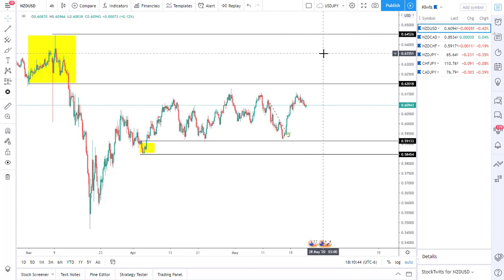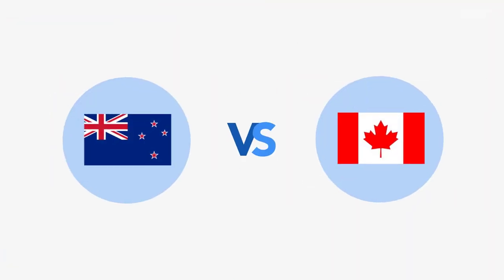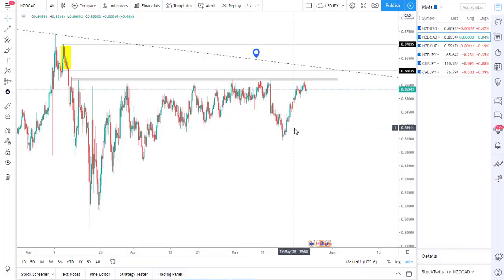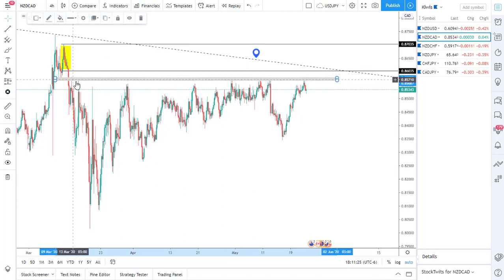Now let's check one more. NZD CAD is the same scenario, the same stuff. We have the same bearish structure basically in all Kiwi pairs, and something I really like about NZD CAD is the fact that we have a very accurate resistance structure: support, resistance, resistance, resistance, resistance.